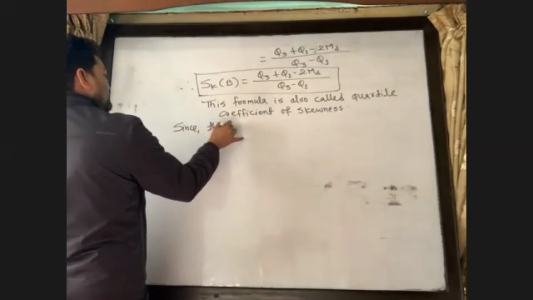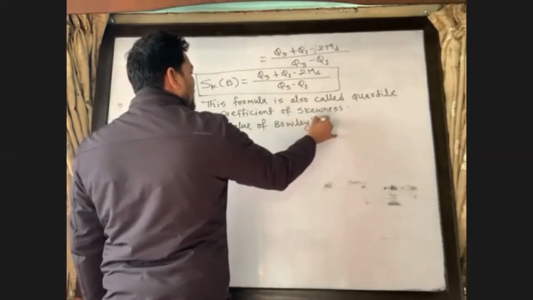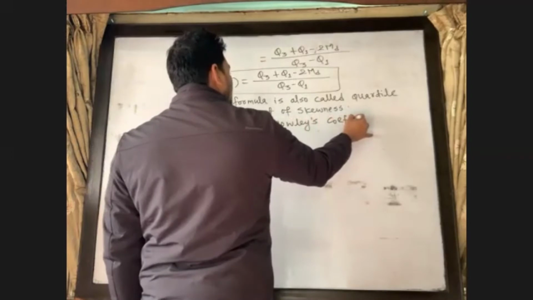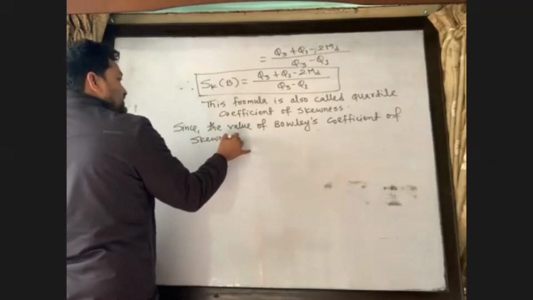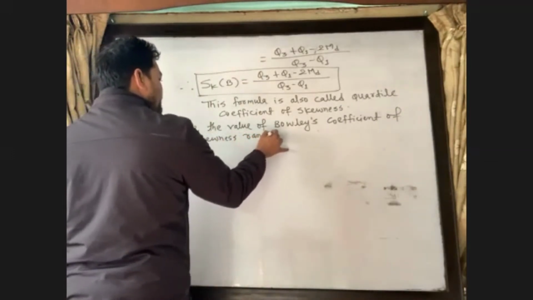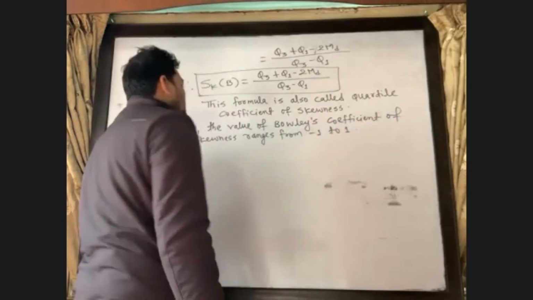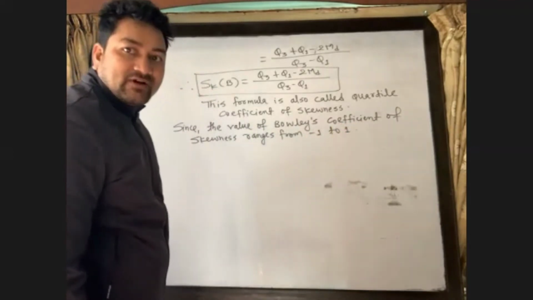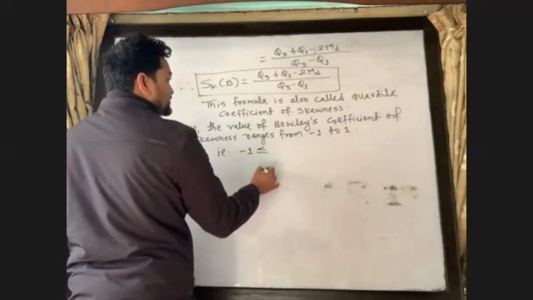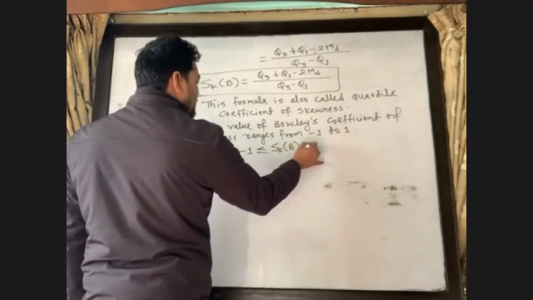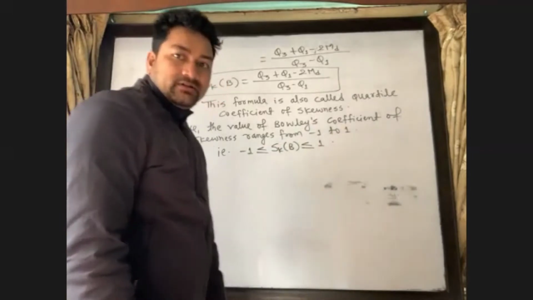Since the value of Bowley's coefficient of skewness ranges from minus 1 to plus 1, that is, minus 1 is less than or equal to SKB is less than or equal to 1.